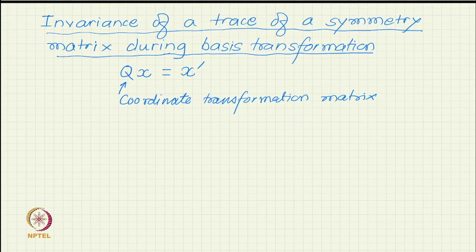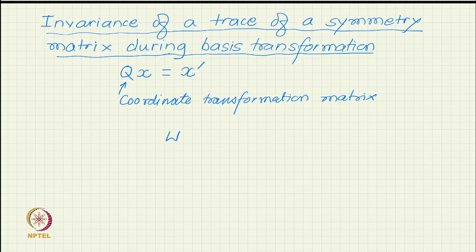We also saw that if there is a symmetry operation W, in one of the earlier classes, then that will also transform into the new coordinate system by a different matrix. But now the relation is not as simple as QW, the relation is Q W Q inverse.